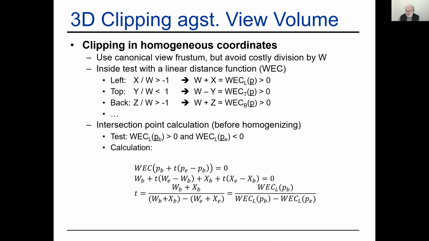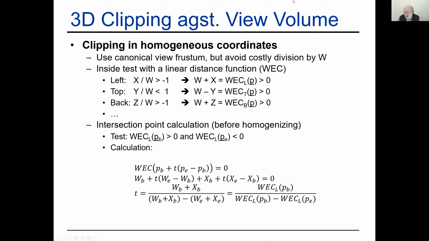In this case, the left side of the viewing frustum is defined by the slope of x with respect to w, so x divided by w must be larger than -1, so then we're inside.